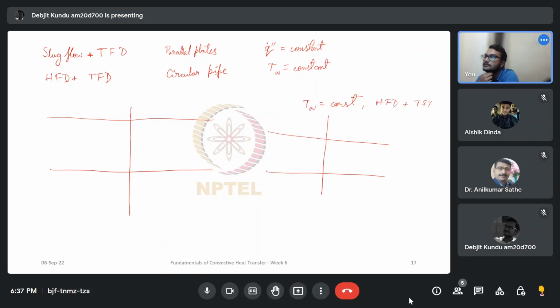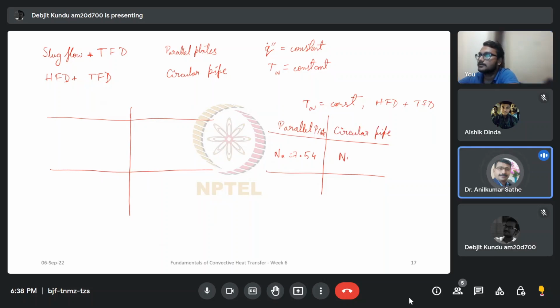For parallel plate, the Nusselt number there was how much? 7.536. And for circular pipe, this value was 4.36.